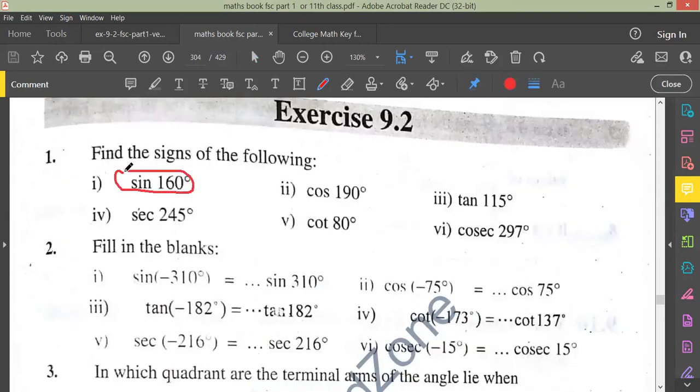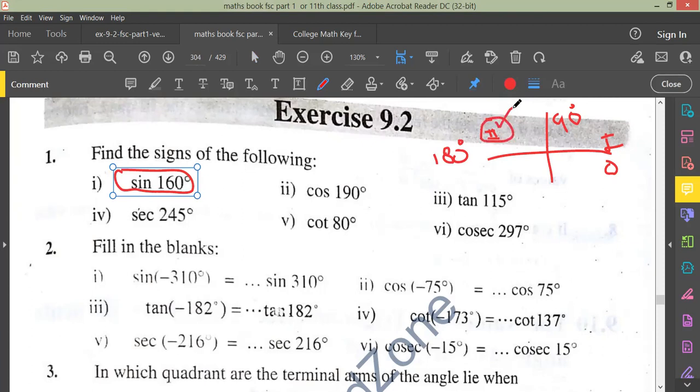This is 0, this is 90 degrees, this is 180. If we look closely, 160 lies in the second quadrant. We know that the value of sine in the second quadrant is positive, so sine 160 will be positive.